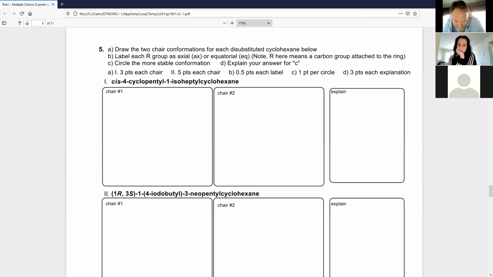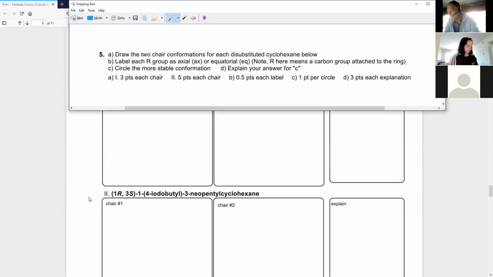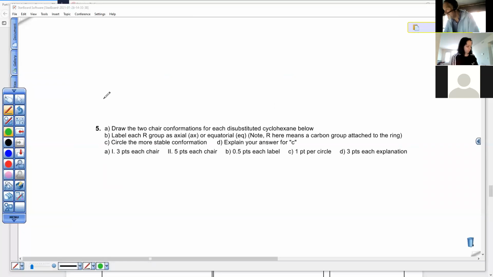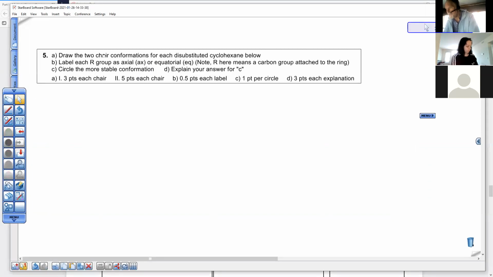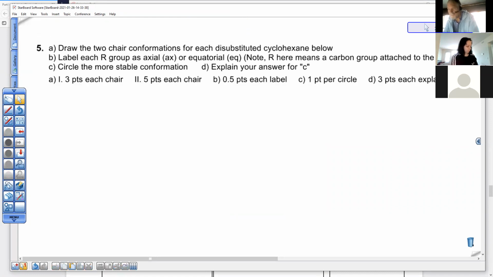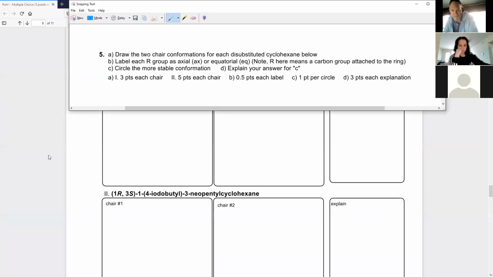Let's grab that and put it over there. And then we'll grab the second chair, which was over here.